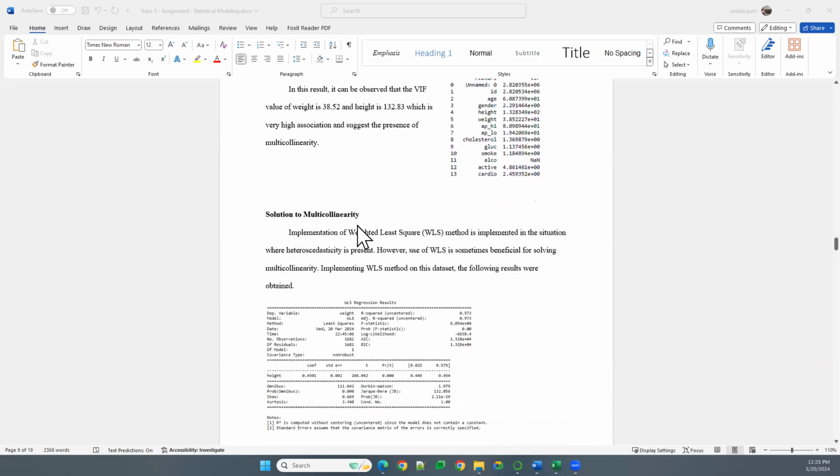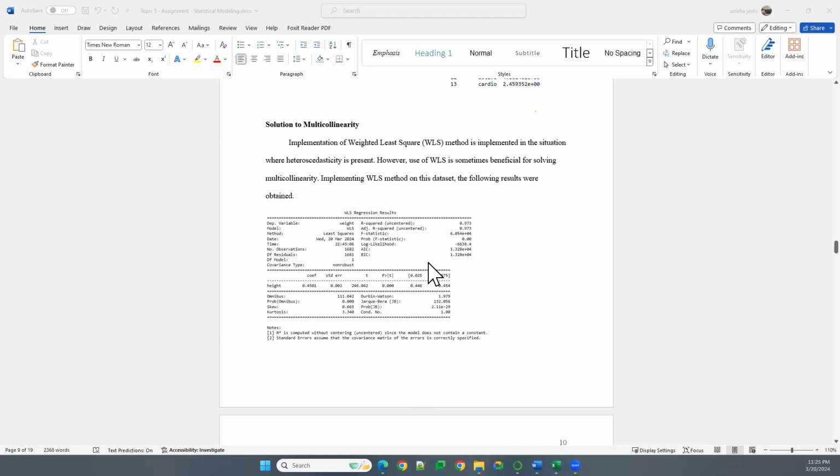And for the solution of multicollinearity, I implemented the weighted least squares method, which is usually used for the solution of heteroscedasticity, but I wanted to implement it here to see whether it will work for multicollinearity or not. And fortunately, it worked. As we see, we don't see any alert over here.